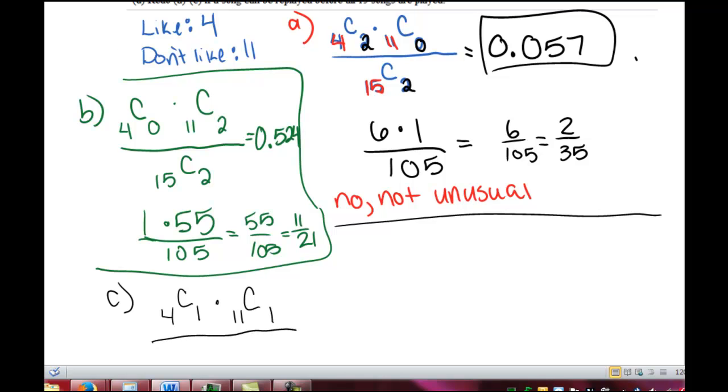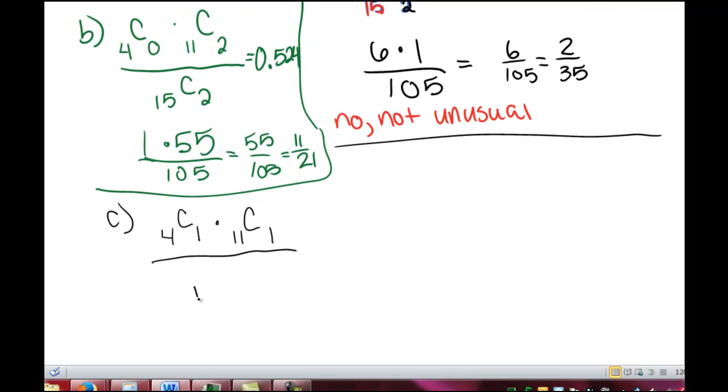Again, in the bottom, we're going to have 15 choose 2, because we have 15 songs in total and we're choosing 2 in total. So the 4 choose 1 is going to be 4, the 11 choose 1 will be 11, and the 15 choose 2 will still be 105. So the 44 over 105 is going to give us 0.419.